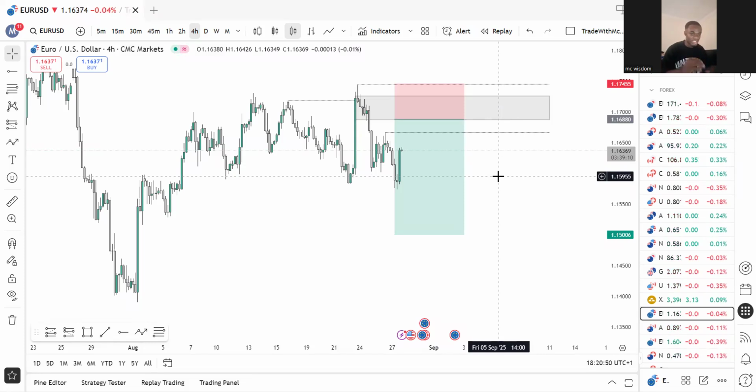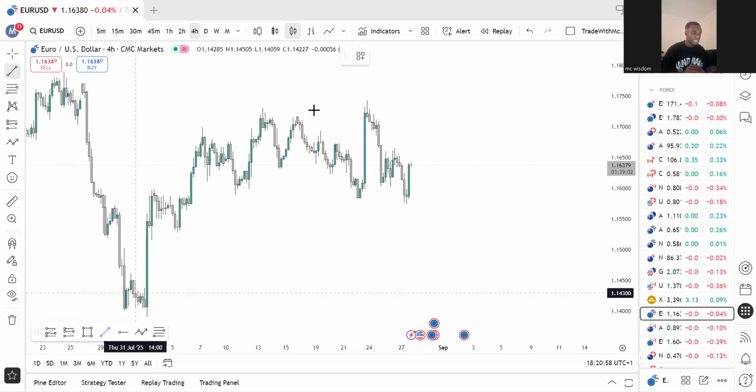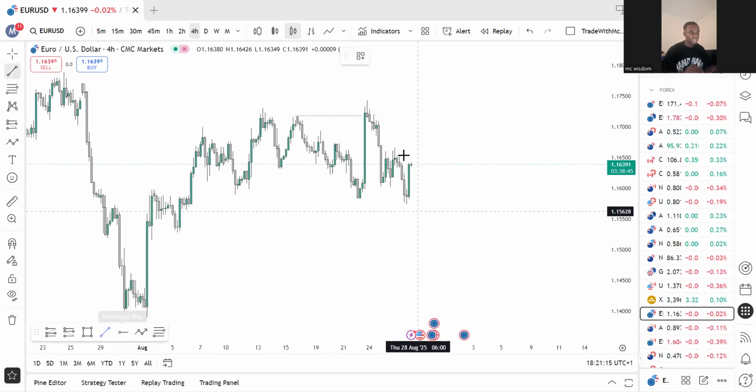You guys already know how we trade the algo market structure, where we want to see a break like this of the recent low, a break of the recent high. Then we want to see a structural liquidity.